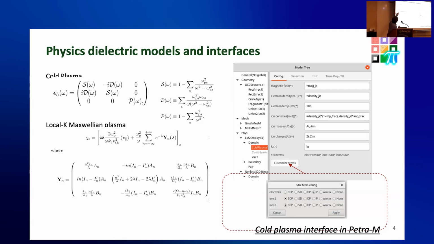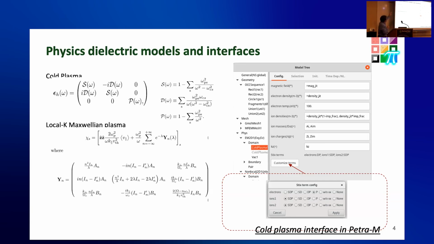Here, S, D and P are functions of plasma density, magnetic field, and wave frequency. When we do the simulation on the physics side, we want to use these physics parameters instead of thinking about what is S, what is D. That's why the user interface is important.